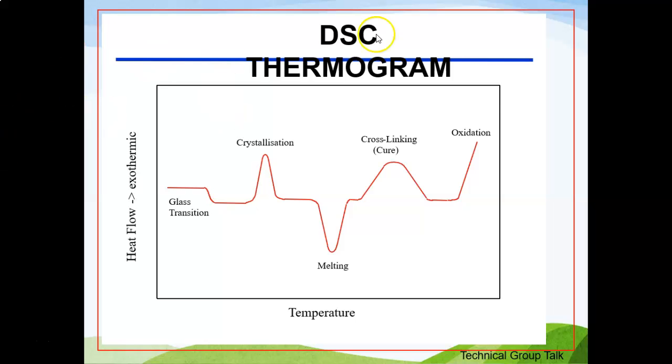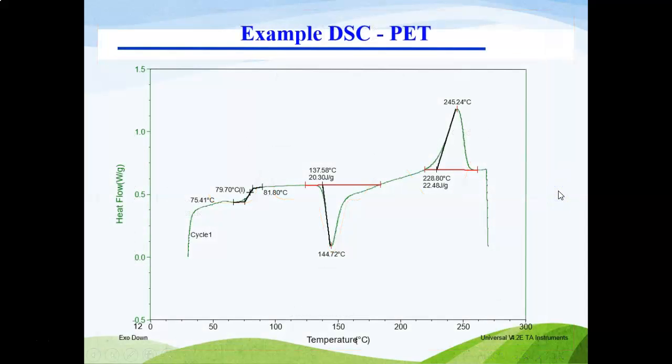Now we look at another example, which is polyethylene terephthalate. This is an example of a semi-crystalline polymer, which is linear polyethylene terephthalate, PET, or isotactic polypropylene. We show this curve because it is a semi-crystalline polymer, and we show all the peaks.